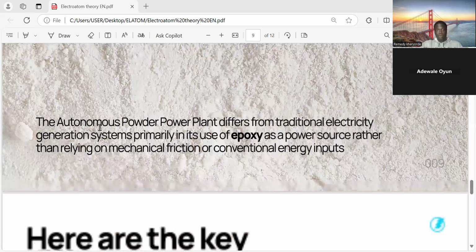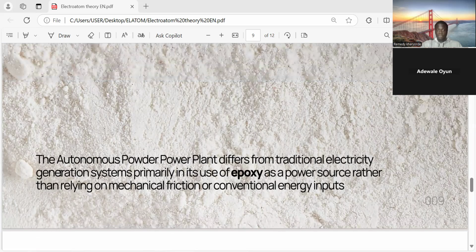The autonomous power plant differs from traditional electricity generation systems primarily in its use of epoxy as a power source rather than relying on mechanical friction or conventional energy input. Our innovation relies on powder rather than the traditional means of generating electricity.